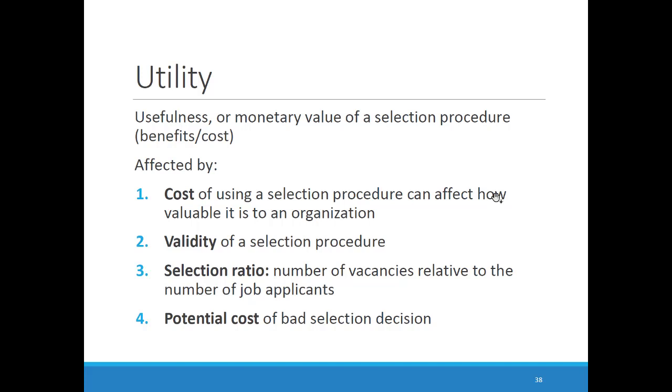Maybe a surgeon, for instance. These individuals have an influence on other people's lives, so the cost of a bad selection decision, hiring someone who is not qualified for the job or who will not perform well, is potentially very high. So organizations need to take that into consideration as well.